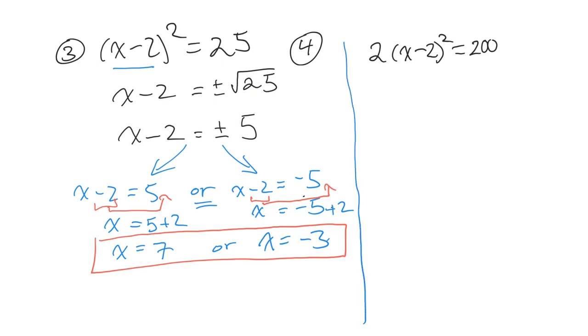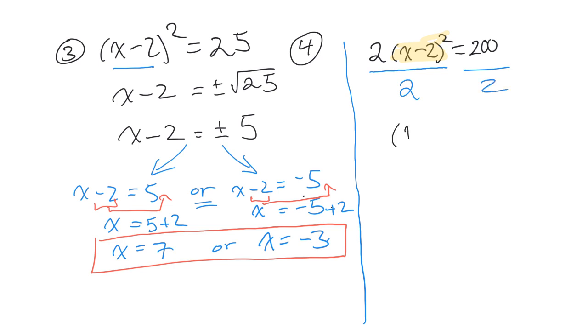So when we do this problem, we're going to have to take a moment, take stock, and we're going to get this part here all by itself, the x minus 2 squared. So to do that, we have to get rid of the value that's in front of the quantity x minus 2 squared. So we divide both sides by 2.